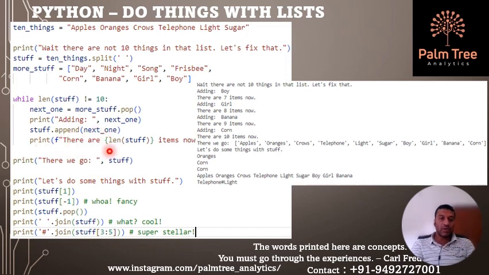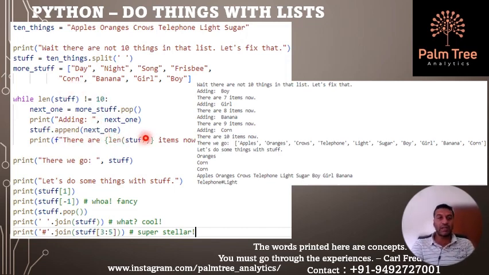Now there are 7 items, because earlier 6 were there and 1 is added. Then the next word is added, then girl is added, and the length becomes 8, then 9, under 10. After finishing the ninth, it enters the loop again, we add inside, the length becomes 10, and then it comes out.